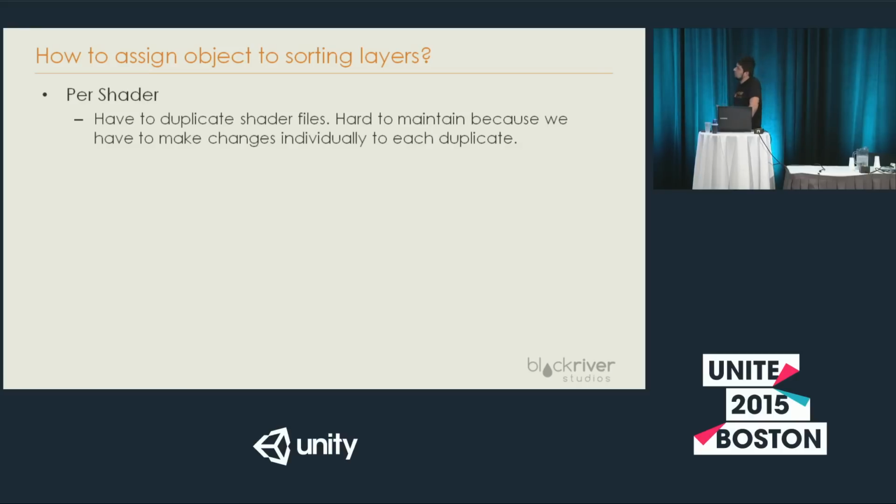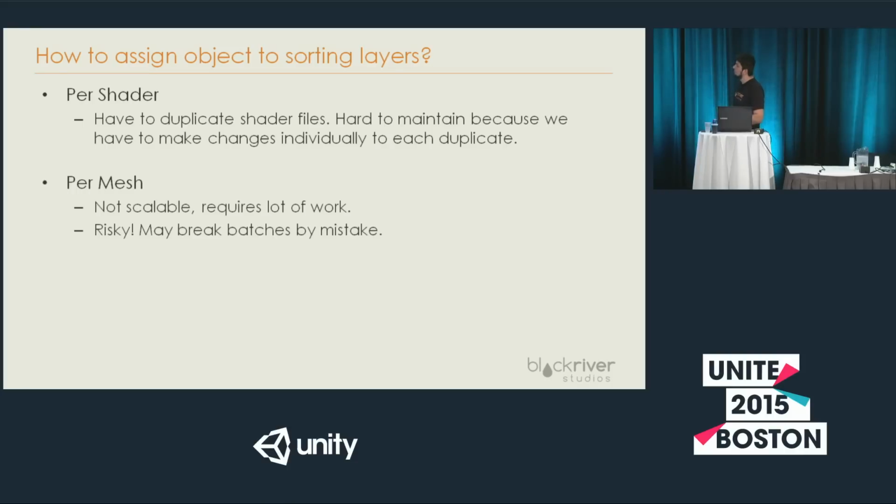If you do it by shader, with the render queue you have on the shader, that's not the best solution, because whenever you want to assign objects with the same shader to different layers, you have to duplicate the shader. That increases the GPU resources, and those shaders have to be compiled again.